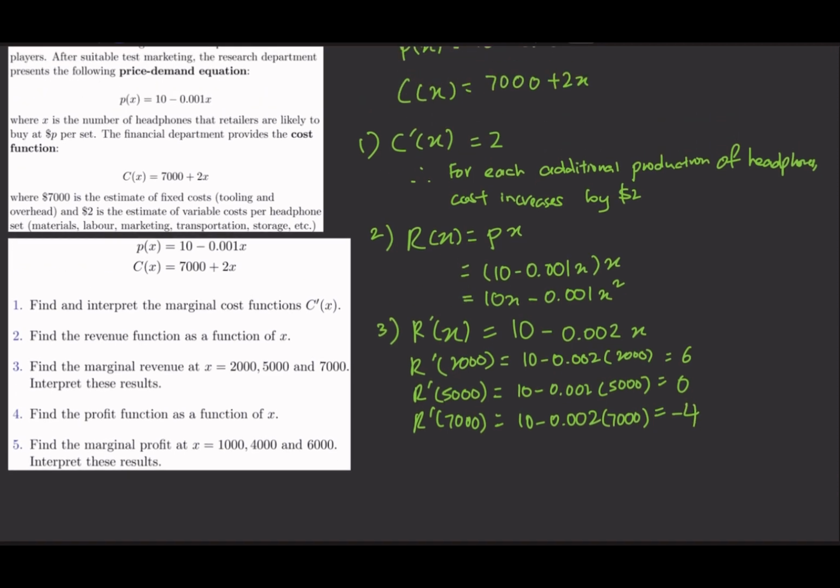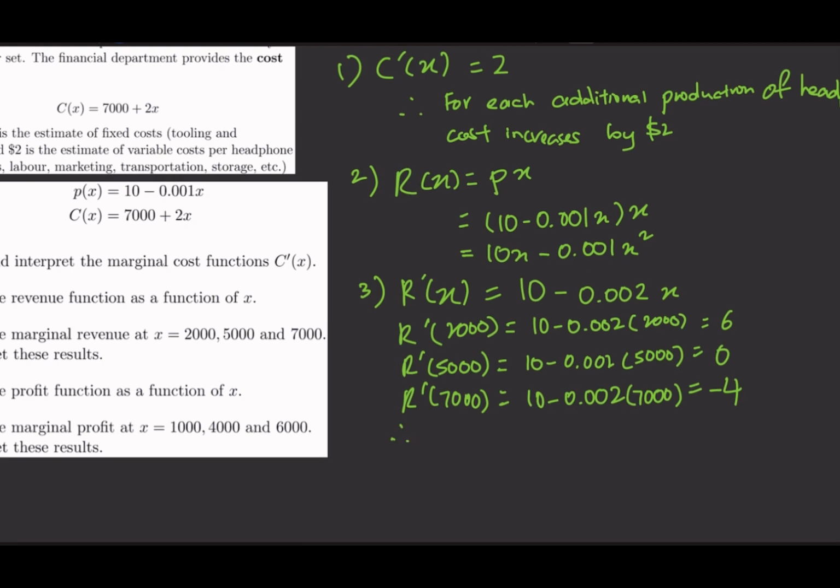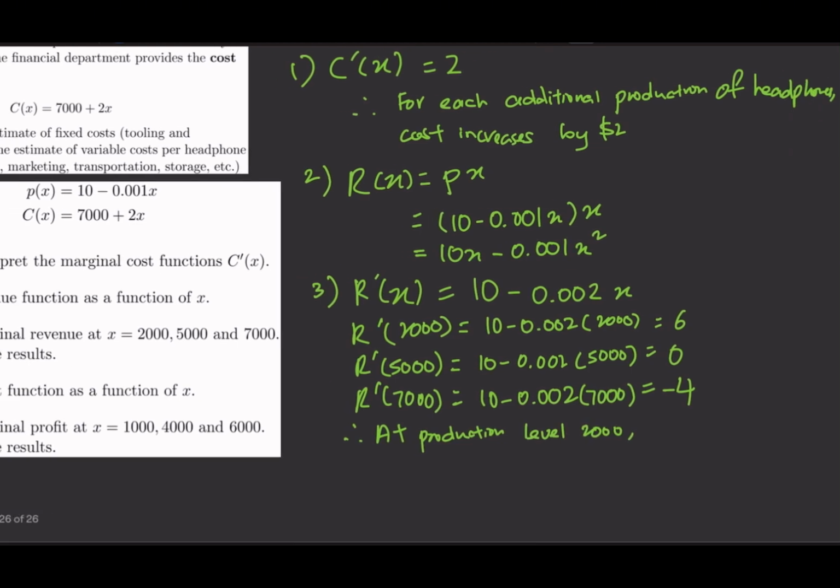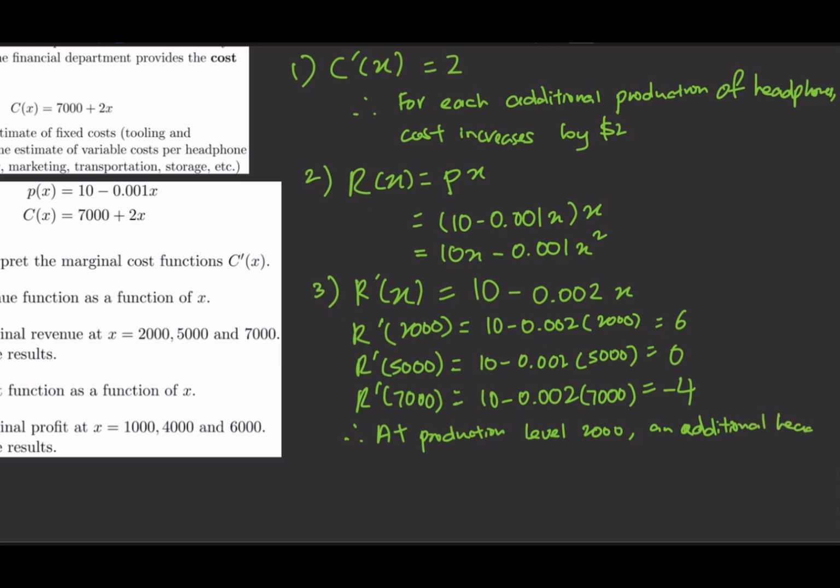How do we interpret this result? At production level 2000, an additional headphone produced increases the revenue by $6.